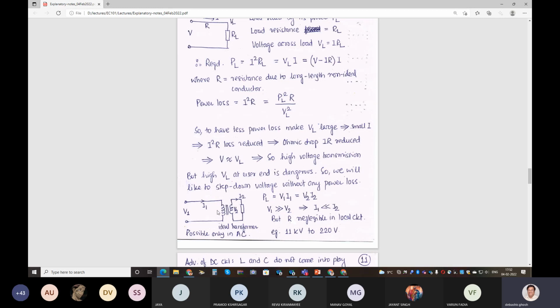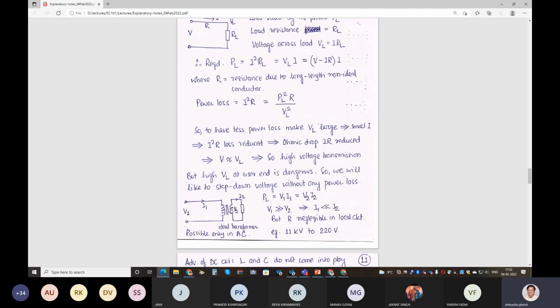So for example, if the turns ratio is 10:1, then the voltage will also get stepped down by 10 times. So you see that I need power PL here. So I need V2 into I2. So I2 should be flowing here like this.